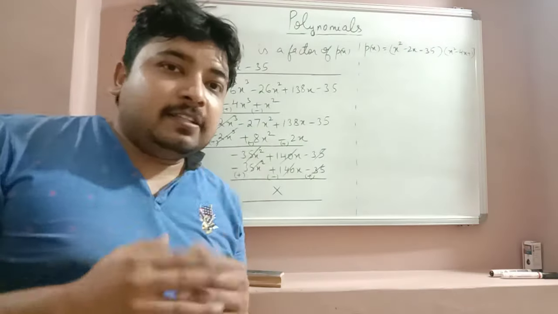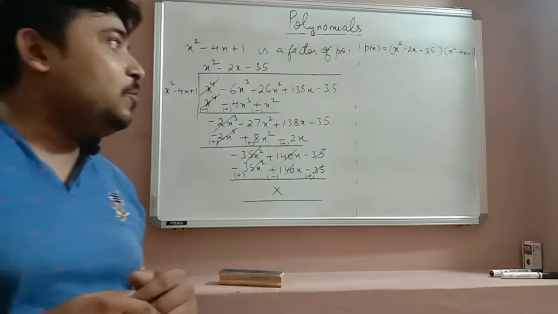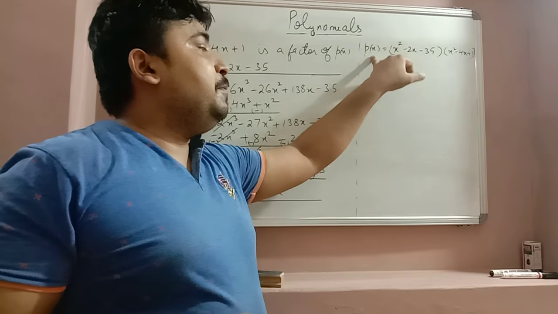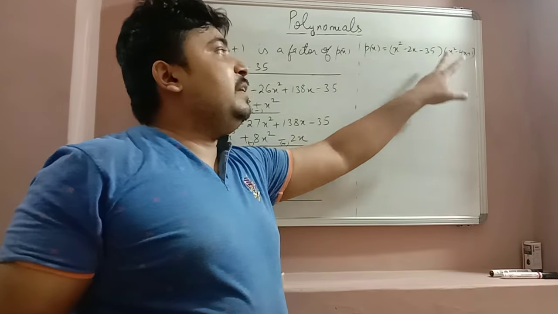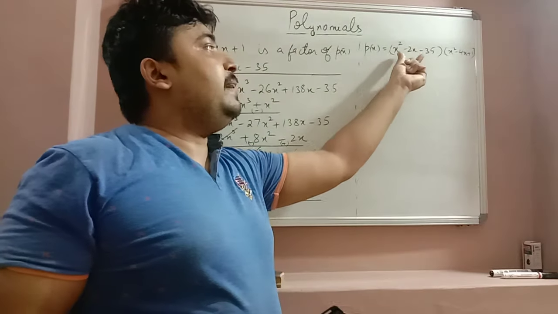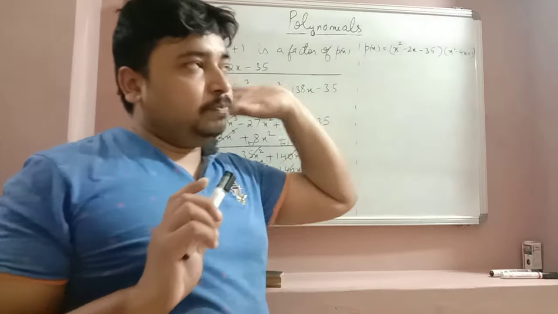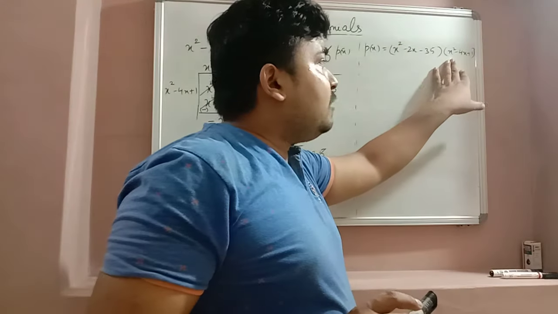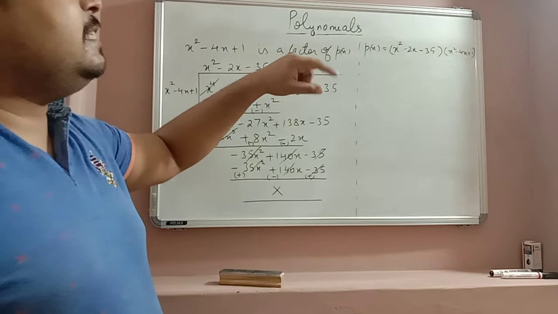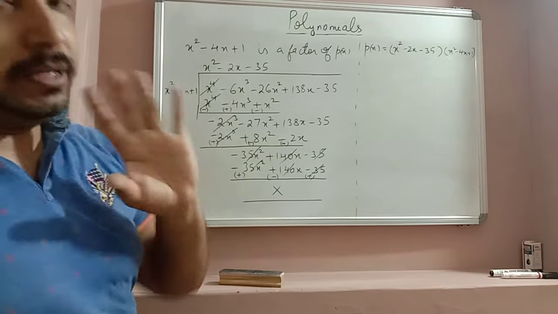Now, in order to find the zeros of the polynomial, we already know that we have to put p of x equals to 0. Now, if I put this p of x equals to 0, I'll get two equations, x square minus 4x plus 1 equal to 0 and x square minus 2x minus 35 equal to 0. Now, I will not solve x square minus 4x plus 1 equal to 0 because in that case, the two zeros are already given to us.